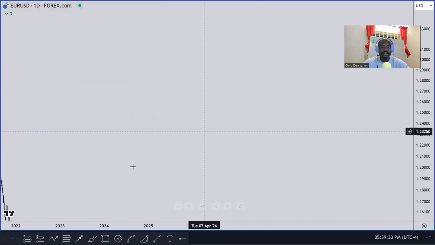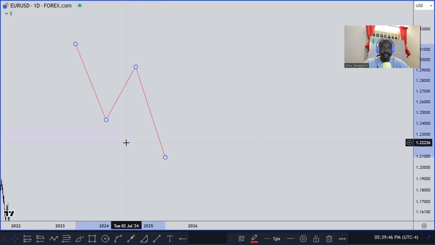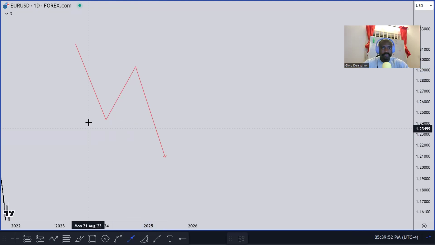concepts of market structure. Now, in a downtrend, when the market is bearish, we have a low, high, we have a new lower low, of course, breaking structure to the downside here. So we had a break of structure to the downside.